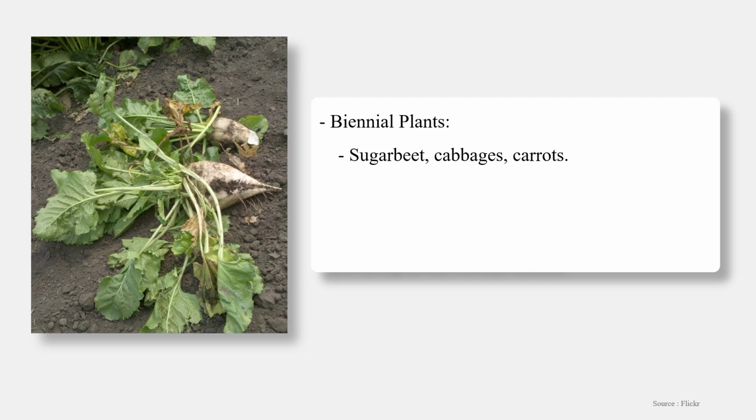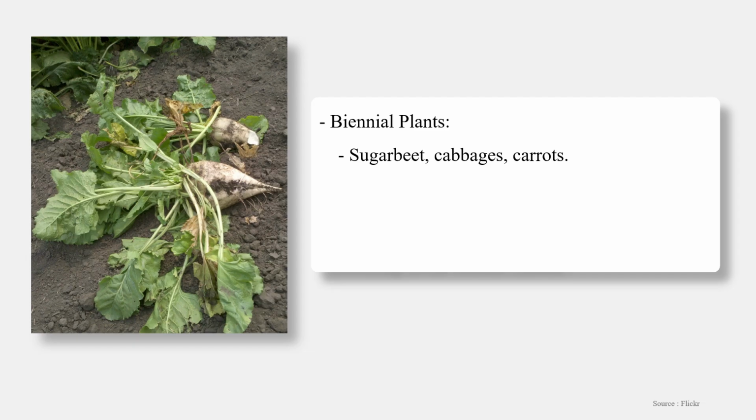Plants we can categorize into 3 types: annual plant, biennial plant, and perennial plant. Annual plants require only 1 year for all their growth. Some plants require 2 years, 1 year for vegetative growth and another year for flowering and seed formation. Perennial plants live for many years.